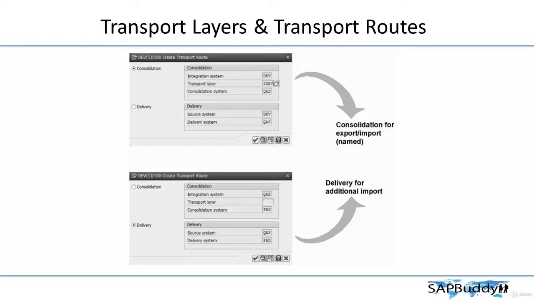So that is QAS here. The source system is DEV and the delivery system is QAS. However, in the delivery route, the source system is QAS and the delivery system is PRD. Integration system, consolidation system, and delivery system.